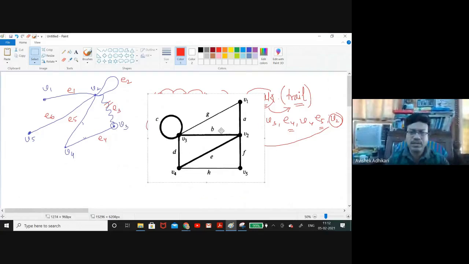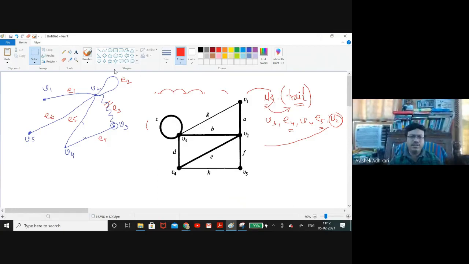So this is the whole graph G. Now you can see that this is considered as a walk, say V1, then A, then V2, then V3, V2, then B, then V3, then C. So it comes here again, then again it comes to V3, then D, and then V4, and you may stop here.